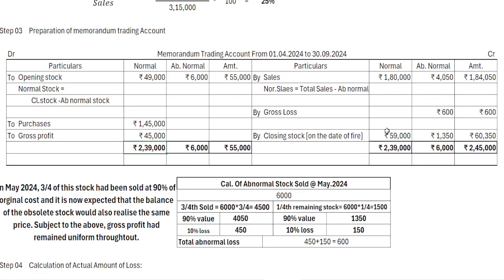Then we calculate closing stock on the date of fire. How do you arrive at this? This is equal to total debit, because the debit balance is higher, so total debit minus remaining credit balance is equal to closing stock on the date of fire, which is the balance amount.